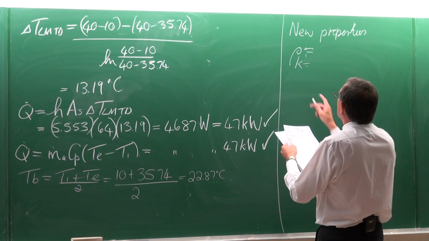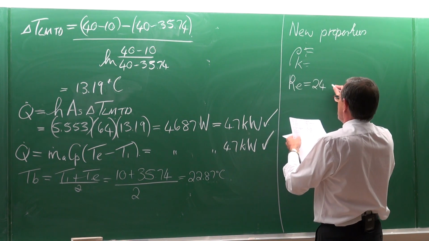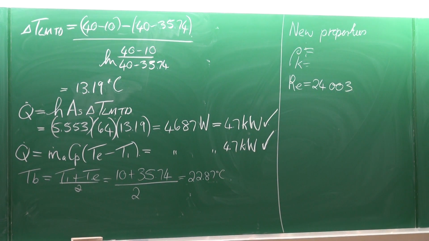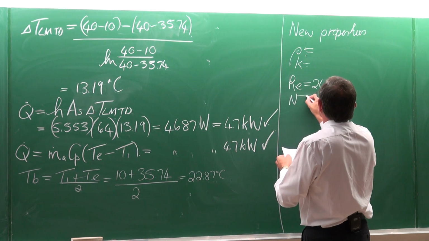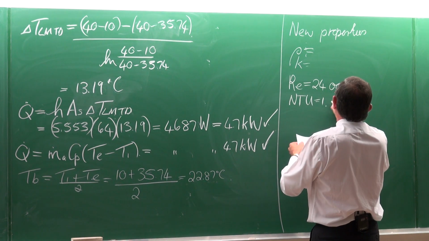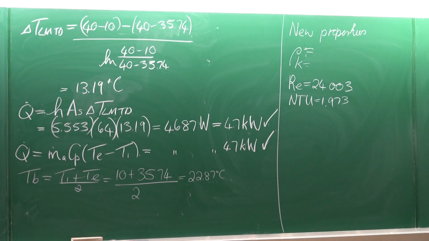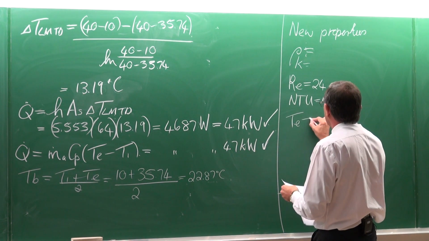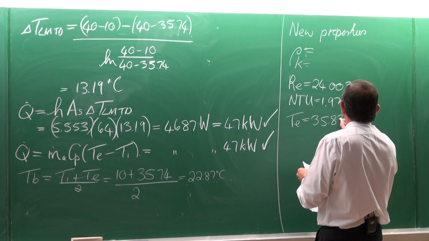And if you do that, then the new Reynolds number is going to be 24,003. So it changes from 25,000 to 24,000. And the NTU changes to 1.973. The outlet temperature changes to, guess what? 35.83 degrees Celsius.